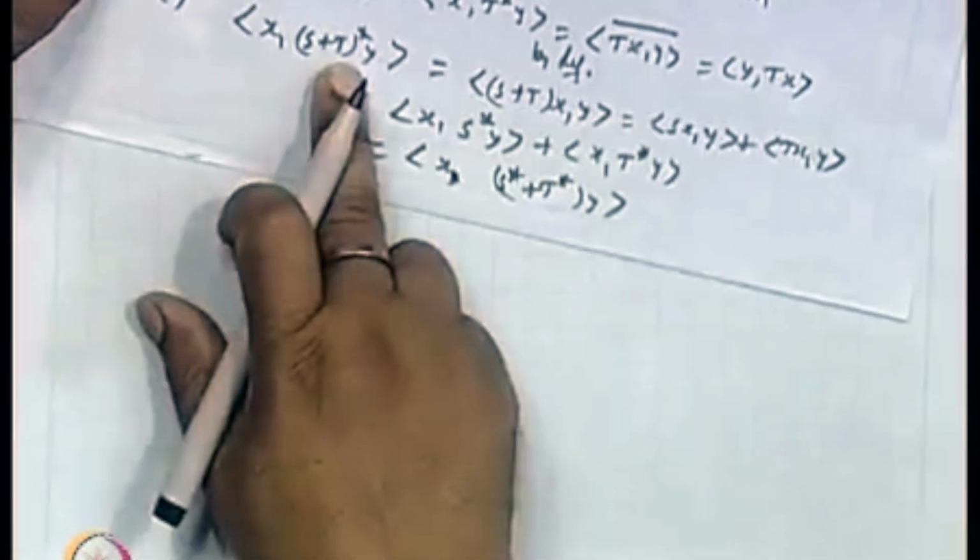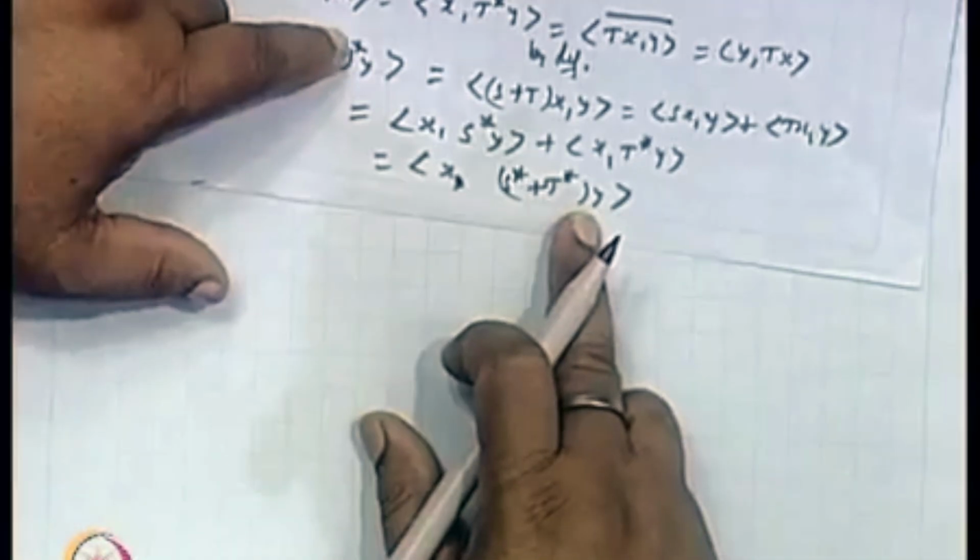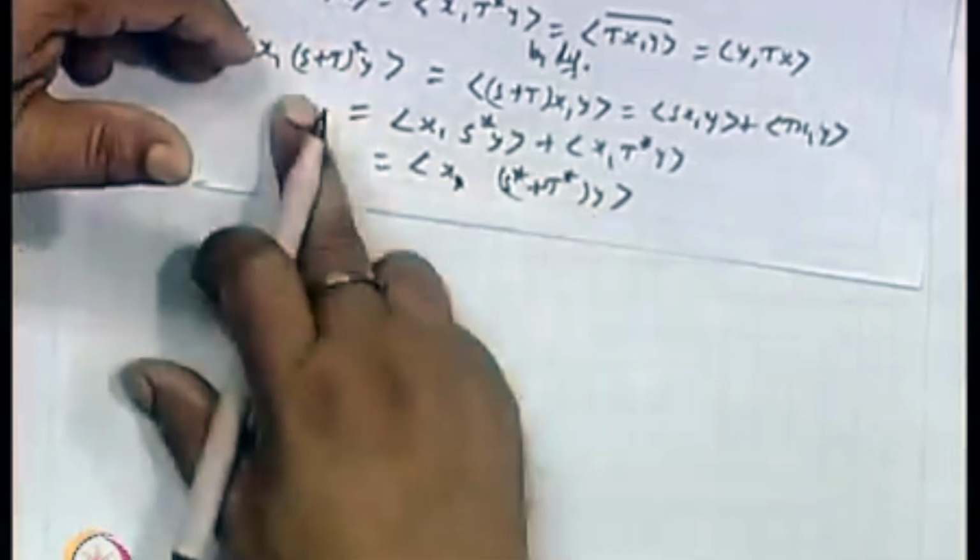What was the lemma? Yes, the lemma is saying this: Qx comma y equal to 0 implies Q is 0. So this is true for all x and y, is it not? So if you take this one, say take it here, x comma S plus T star minus S star plus T star y equal to 0, and this is true for all x and y, so this has to be 0, this minus this has to be 0, and we get this.